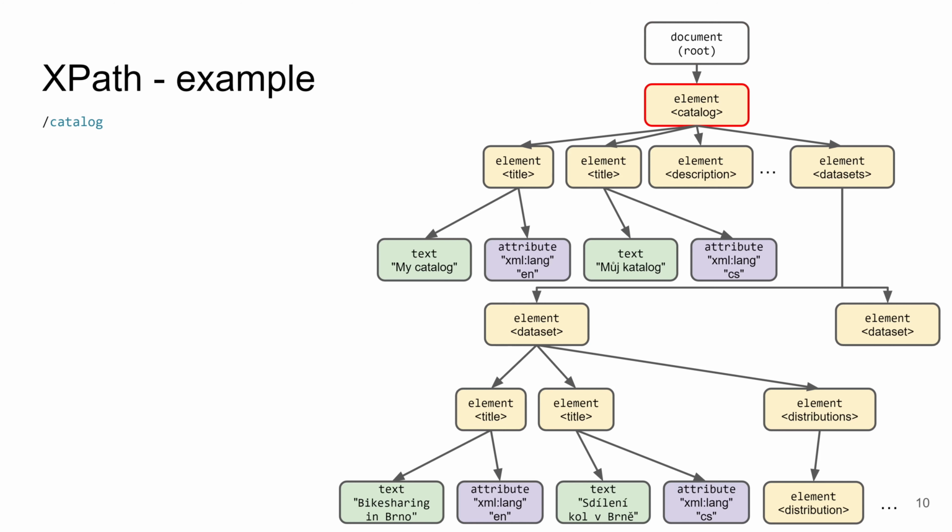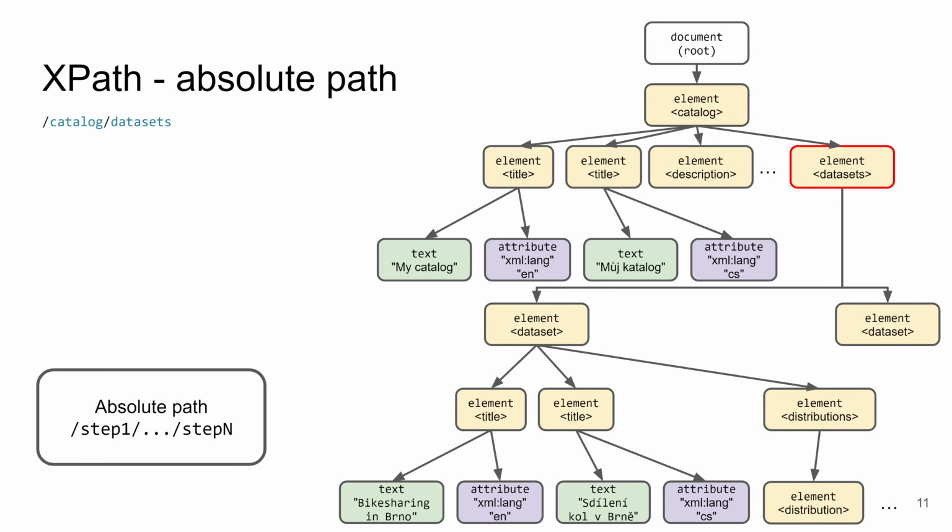In later versions, it's a sequence of nodes. The difference is that a set is unordered and a sequence is ordered. In any case, the result of an XPath query is a set of nodes of various types. In this case, the result is a set of one node, which represents the catalog element.